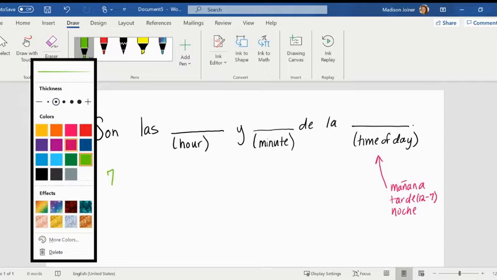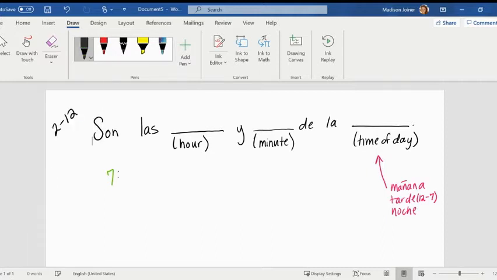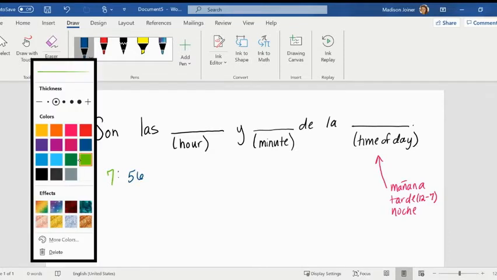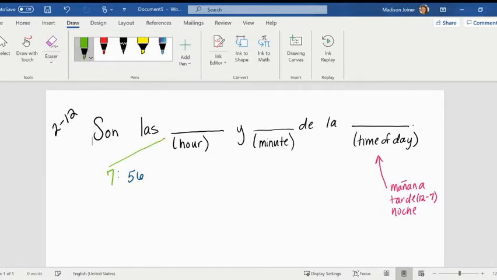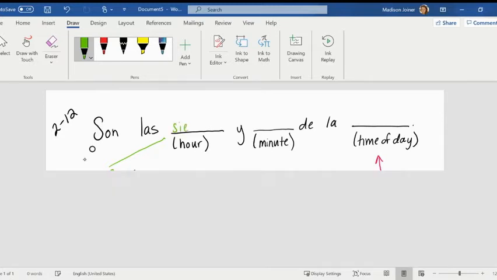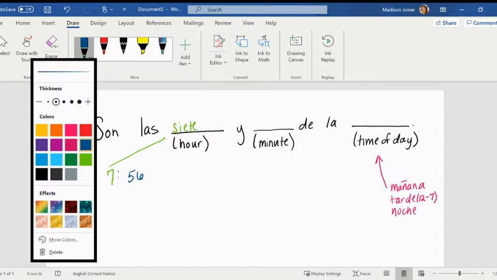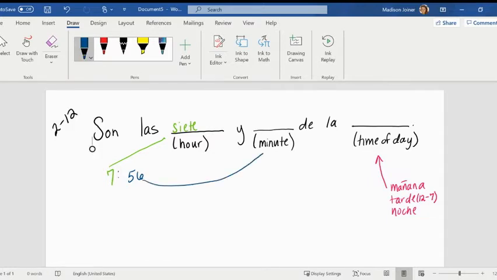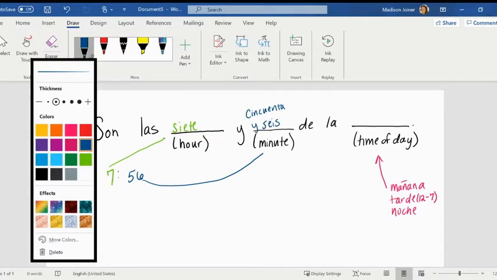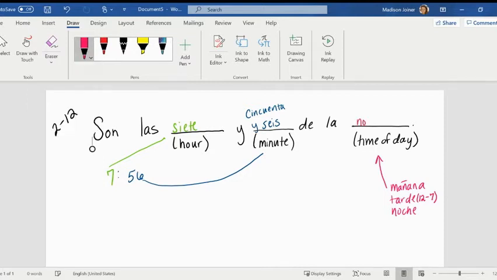So it's 7:56. The hour is going to go there. Then the minutes go there. Y 56 de la, and then in this case, noche.